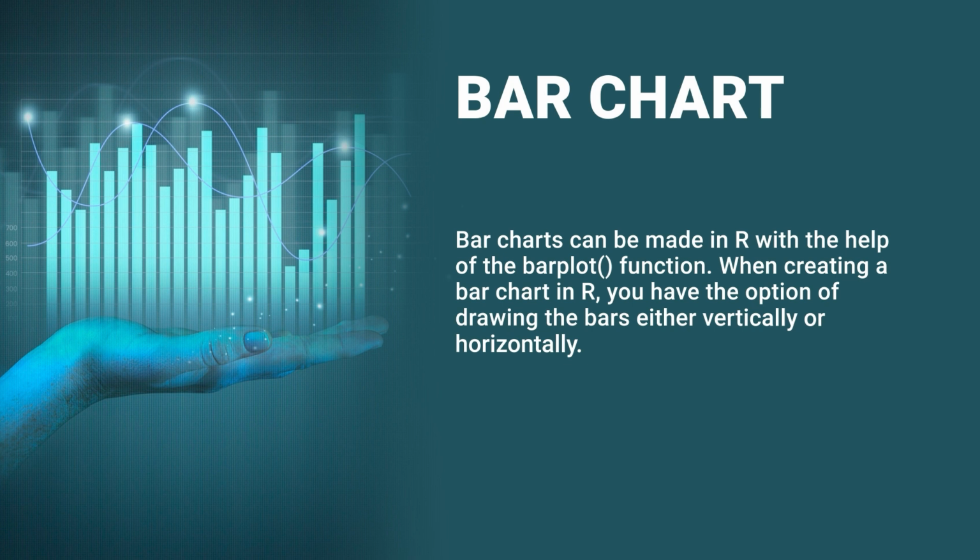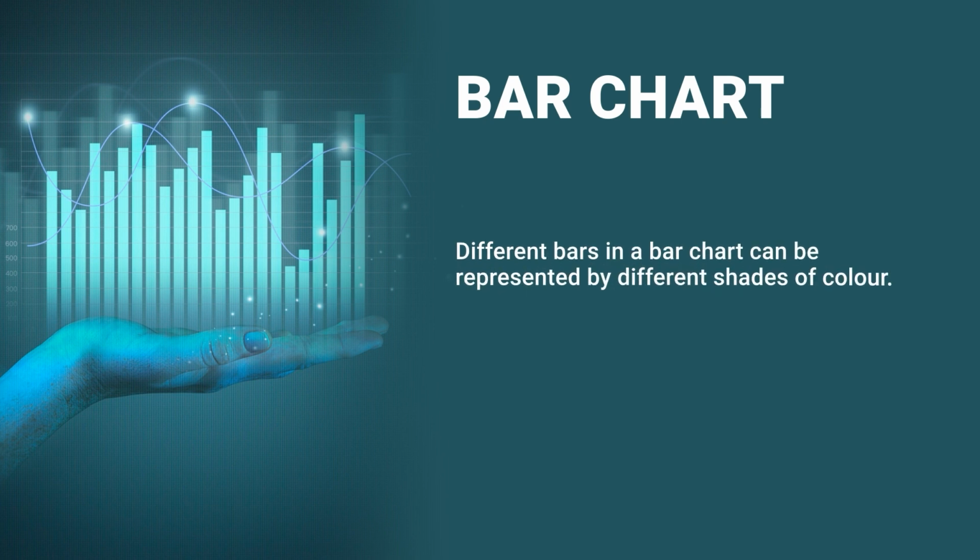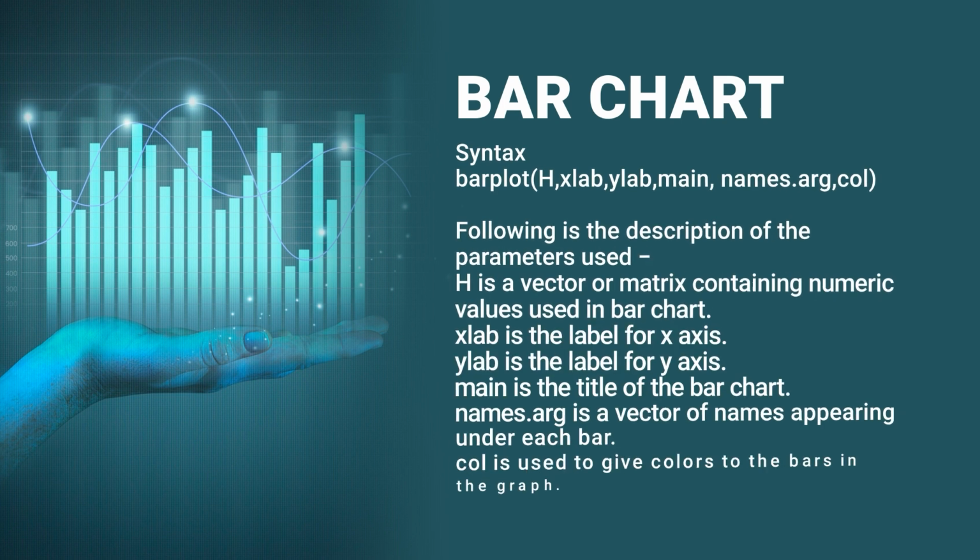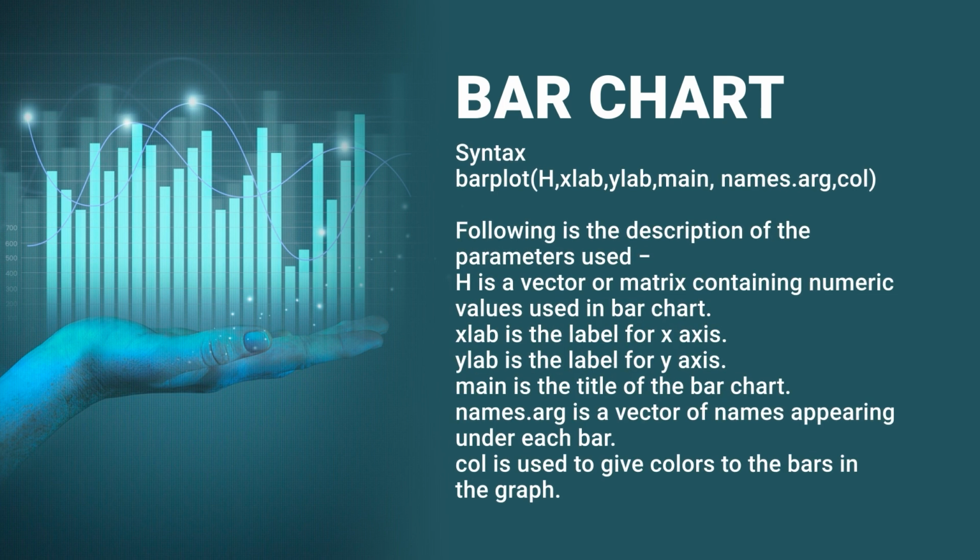Again, some parameters will be attached to this bar chart, and you can accordingly change the parameters according to your needs. Different bars in a bar chart can be represented by different shades of color. This can also happen. So again, the syntax of barplot is very easy.